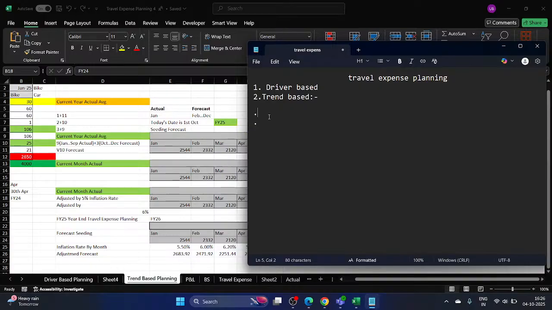So in this trend based planning, firstly we understood the averaging concept, averaging or seeding forecast. Second, adjusted inflation.